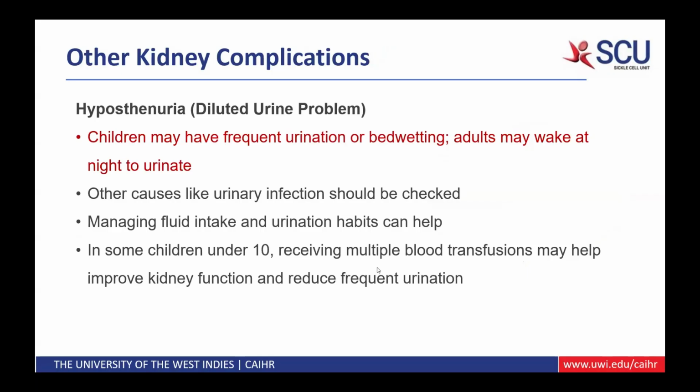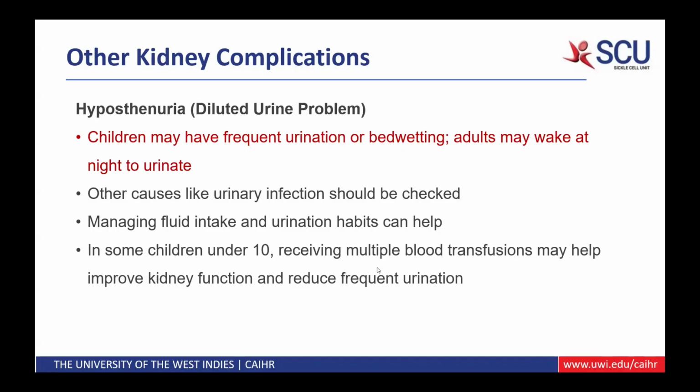Some other kidney problems are that sometimes with sickle cell disease, you can have difficulty concentrating the urine. And as a result, children can have frequent urination or bedwetting, and adults may also wake up at night to urinate. When you notice that, it's also important to make sure that there isn't a urine infection. So we usually check for that.